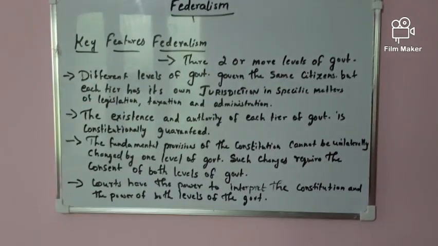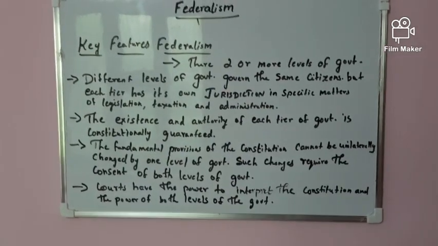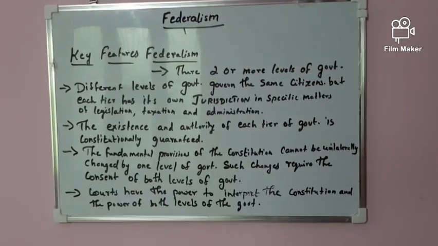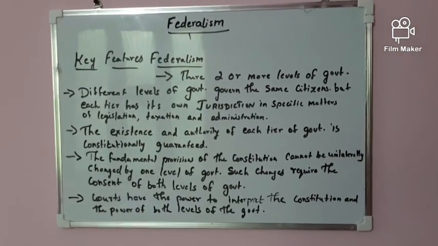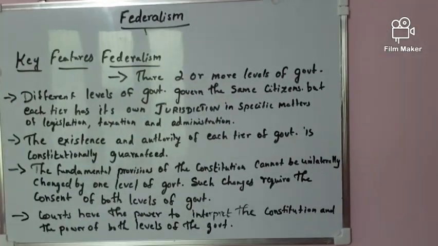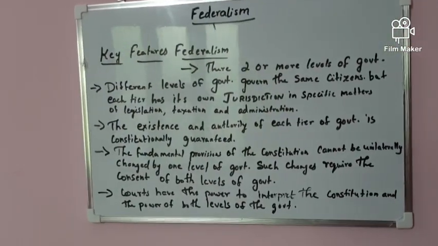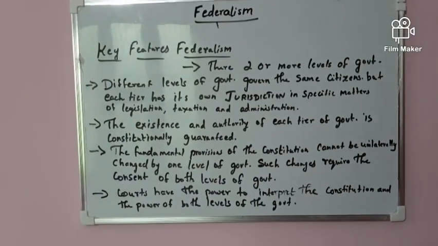Jurisdiction is nothing but the authority of the officials, those who have the right to take a decision. That is called jurisdiction. It covers specific matters of legislation, taxation and administration.